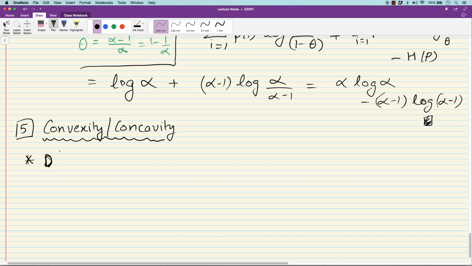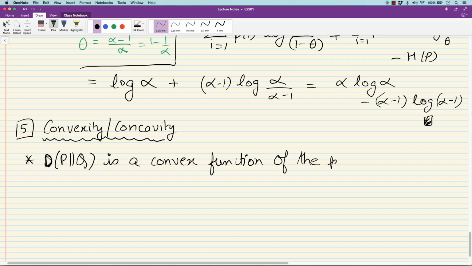D(P||Q) is a convex function of the pair. I'm thinking of it as a function of the pair itself. So if you think of D(P||Q) as a function of the pair of distributions, the claim is that it's a convex function of the pair. So how do we show this?